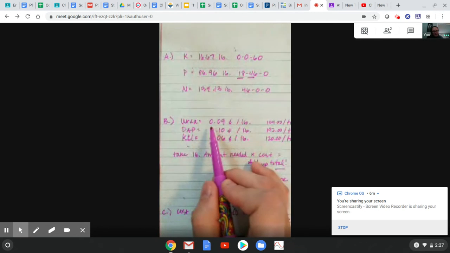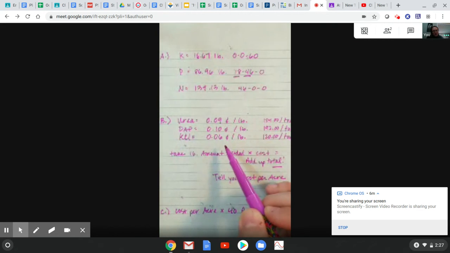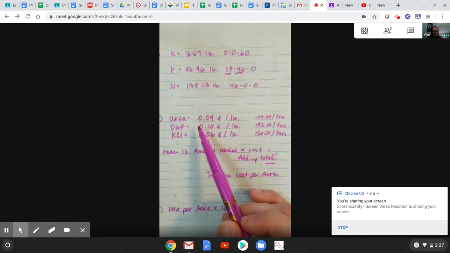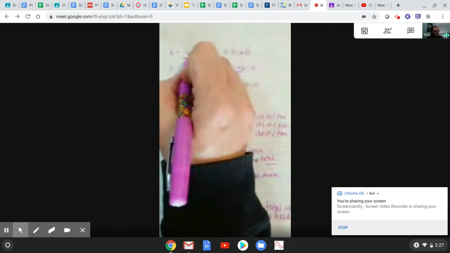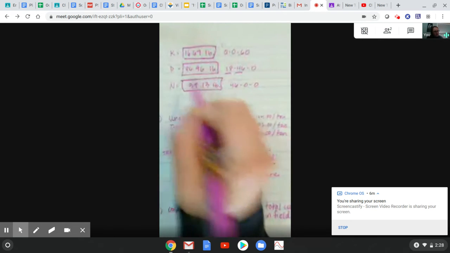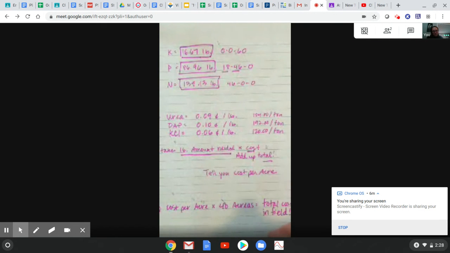I've already solved B for you, because all you have to do is calculate how much it is per pound, since the problem tells you how much it is per ton. So urea is 9 cents per pound, diammonium phosphate is 10 cents per pound, and potassium chloride is 6 cents per pound. All you have to do is take the total pounds needed from A times its cost.